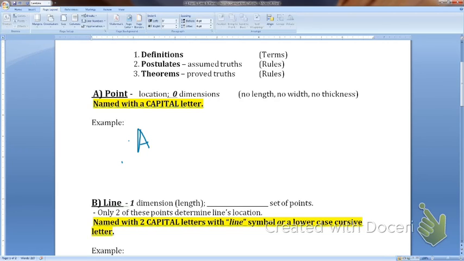And we put a little point there. So this might be point B.